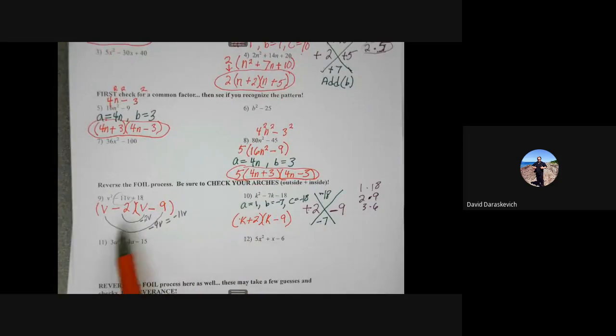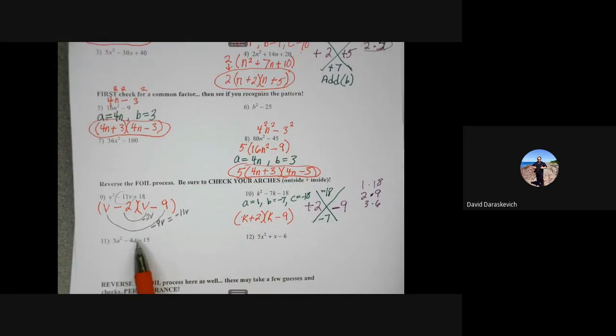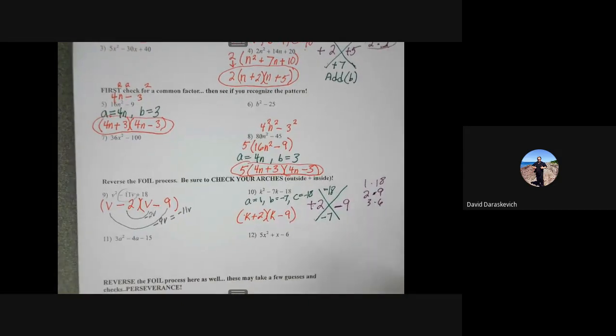These two problems, you could probably pretty much do in guess and check and do your arches. But when you get into a problem like this, 11's starting to get a little difficult to do with arches. So let's try it.